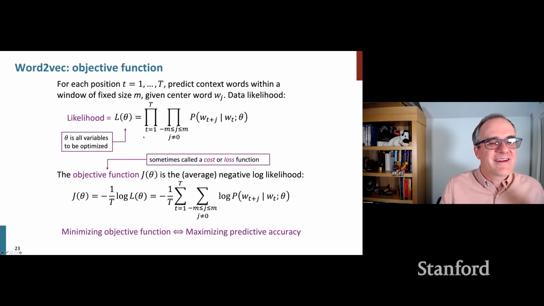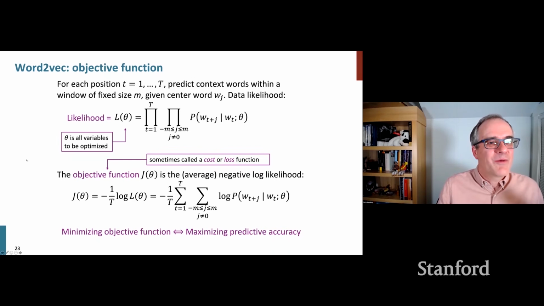And it's going to be calculated as taking the product of using each word as the center word, and then the product of each word in a window around it of the probability of predicting that context word given the center word. And so to learn this model, we're going to have an objective function, sometimes also called a cost or a loss, that we want to optimize.